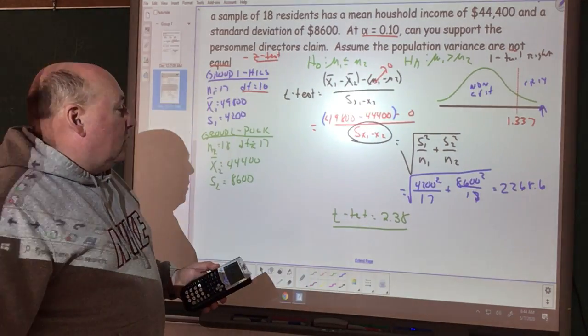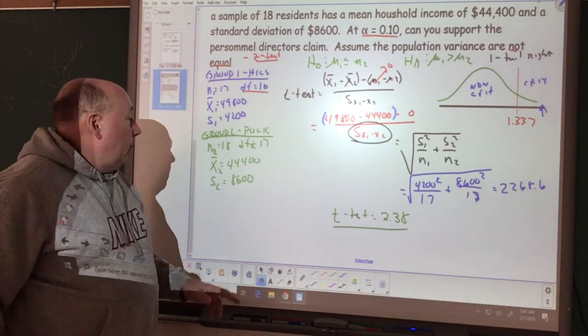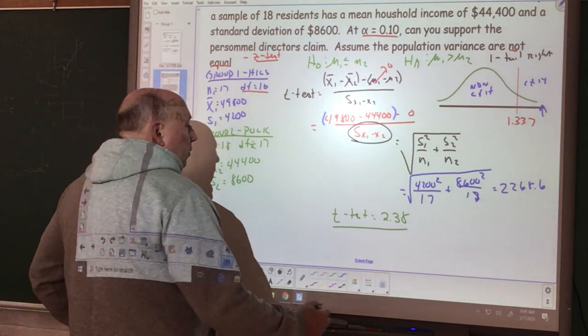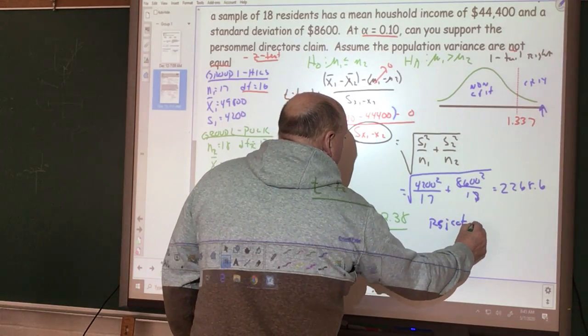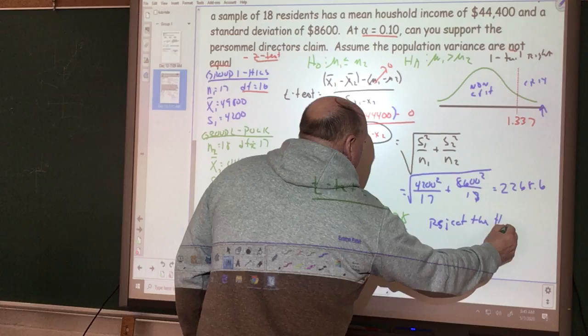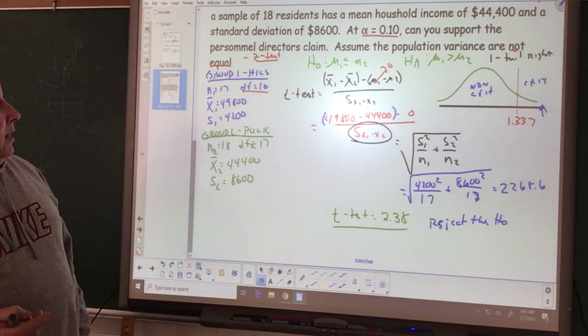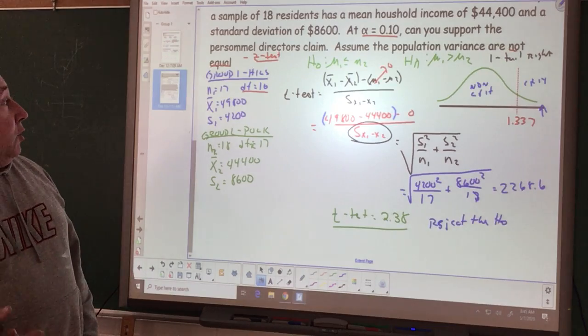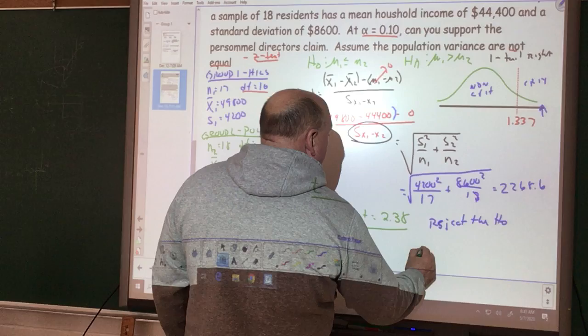So we can reject the null hypothesis and state that yes, the people in Hillsborough do make more money than Polk.